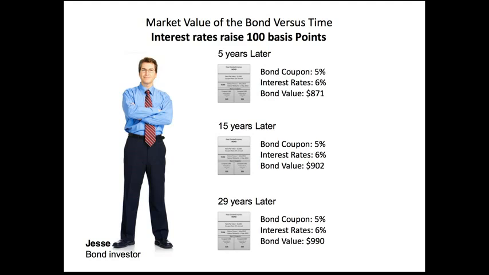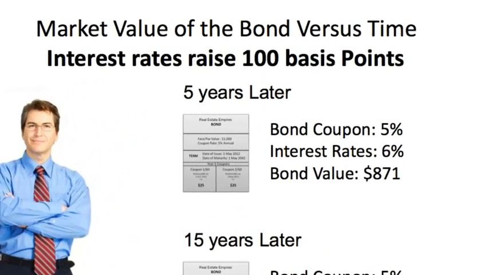I briefly touched on this in lesson 1, and I might have moved a little too fast. So I'm going to go a little bit slower here so you understand how the market value of the bond changes through time. Let's assume that Jesse bought this bond on day 1 of the issue, which was 1 May 2012. Now we're going to warp ourselves 5 years later.